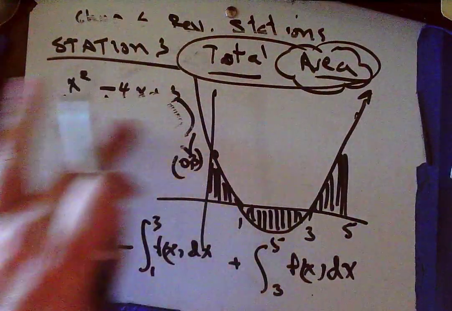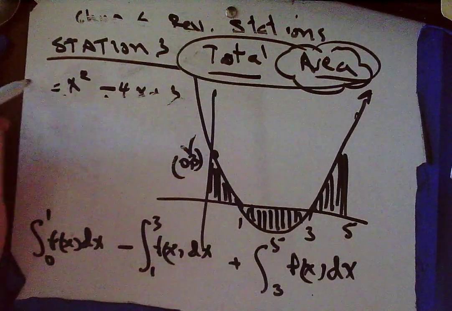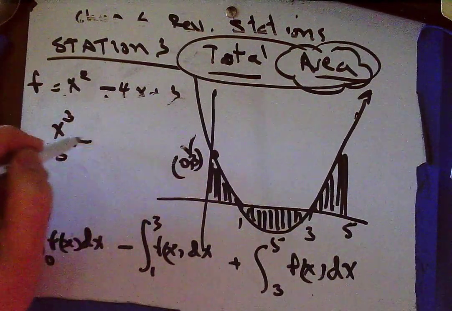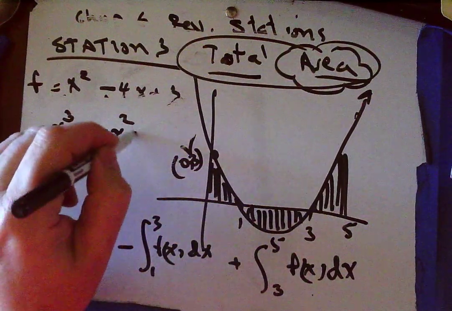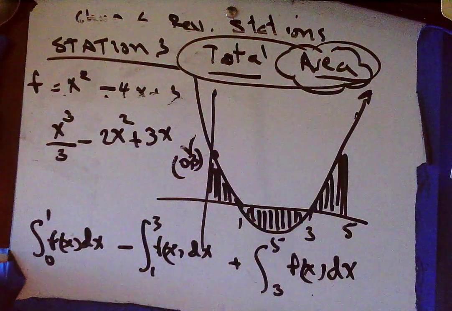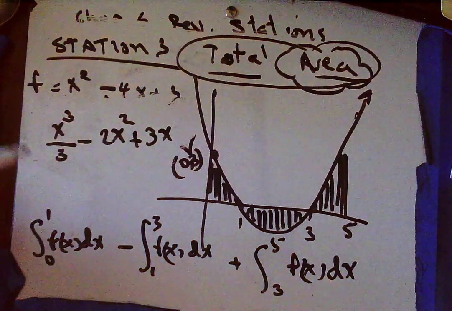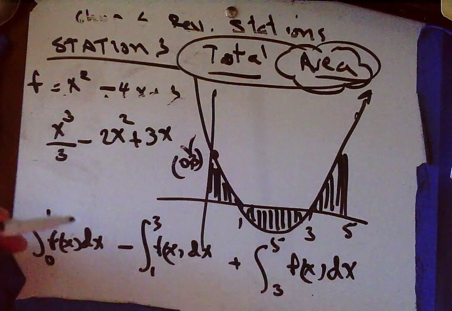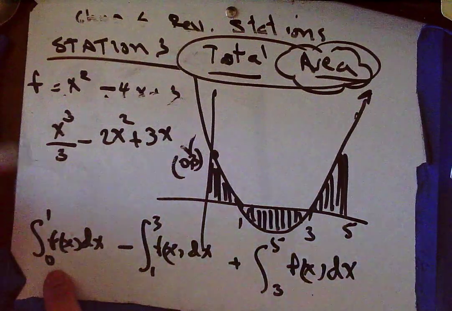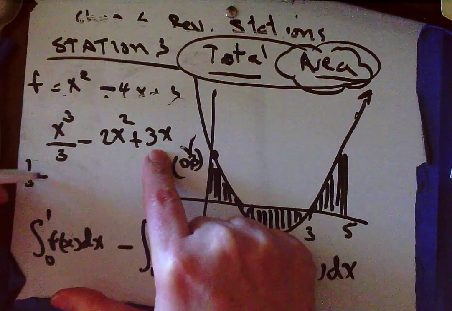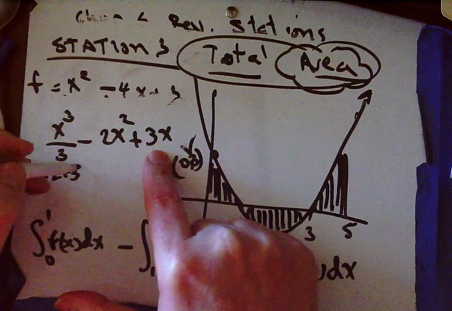We know that the antiderivative of this is going to be x to the third over 3 minus 2x squared plus 3x. And again, since I'm only going to be doing definite integrals here, I can just start evaluating. So this integral from 0 to 1, I'm going to plug in a 1. I have 1/3 minus 2 plus 3.